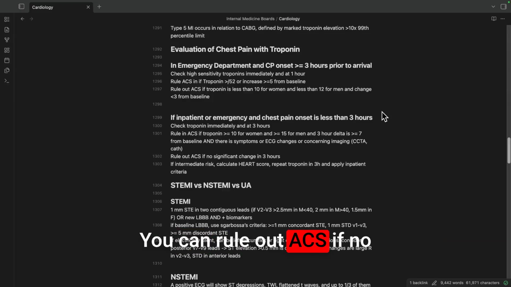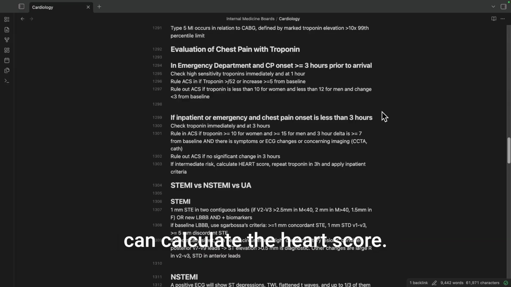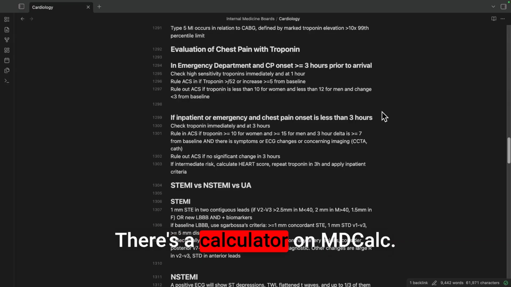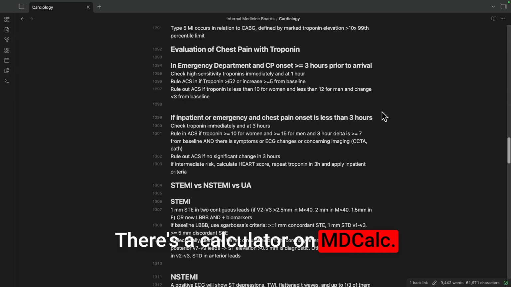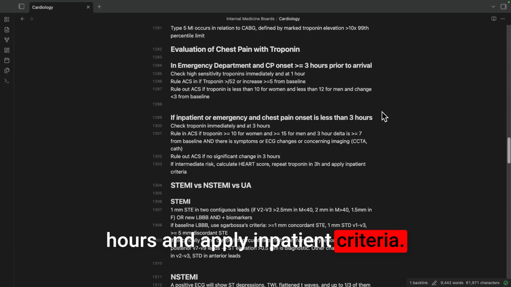You can rule out ACS if no significant changes in 3 hours. If there's intermediate risk, you can calculate the HEART score. This is a calculator on MDCalc. You can repeat the troponin in 3 hours and apply inpatient criteria.